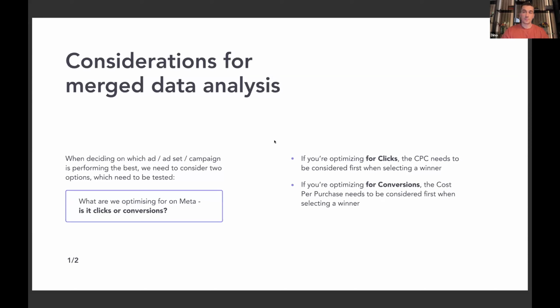Different clients optimize for different things. We have clients that we cannot streamline this, so we are optimizing certain clients for clicks, certain clients for conversions. Some things to take into consideration: how many conversions are you getting weekly/monthly? How expensive is your product? If it's on the more expensive side, it makes sense to go for conversions.